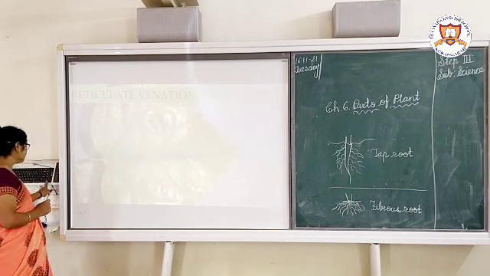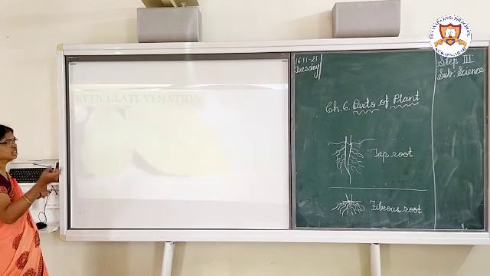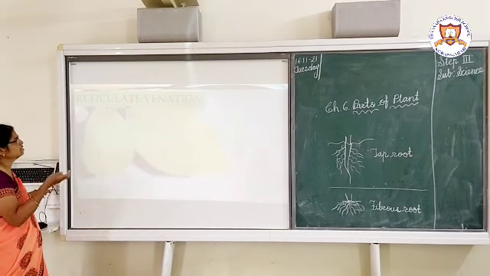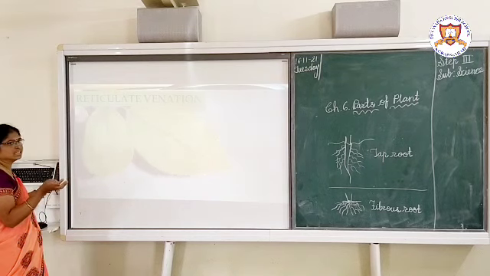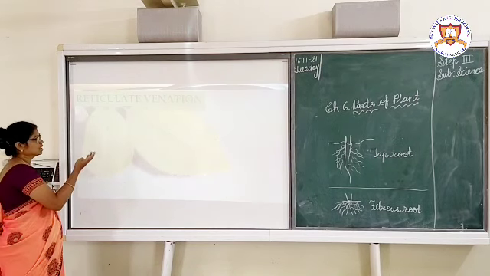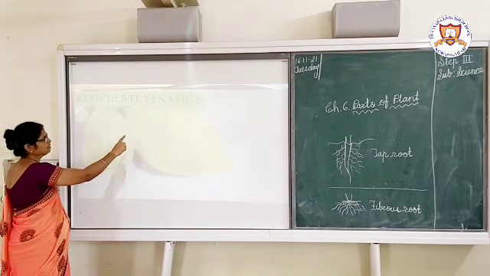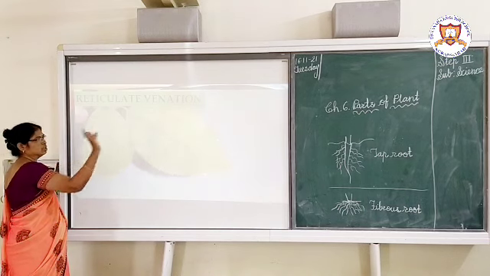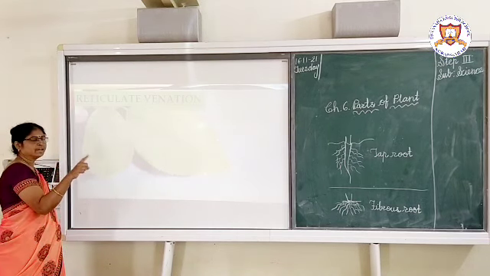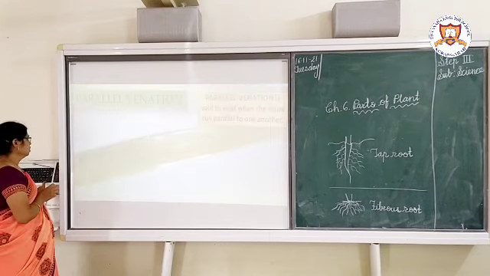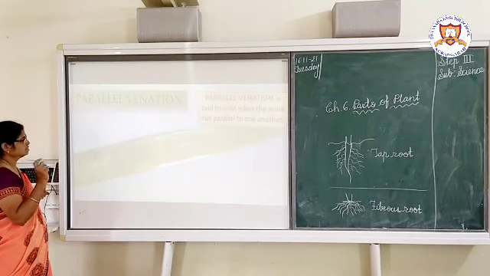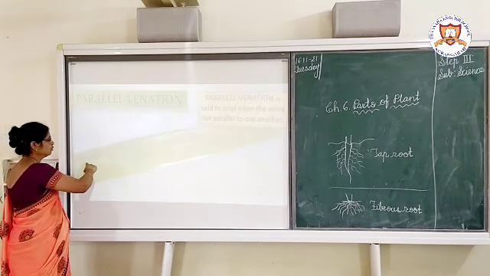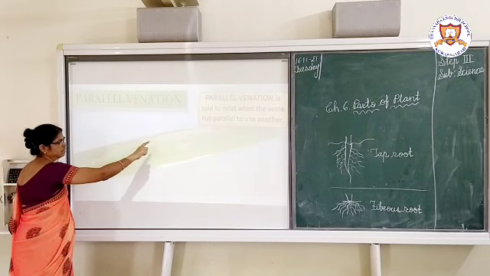You can observe different types of leaves in your surroundings, in rose, in hibiscus. In so many plants you can see this type of venation. Wherever there is reticulate venation, you can identify that this plant has a taproot. And now the next type: wherever there is parallel venation.